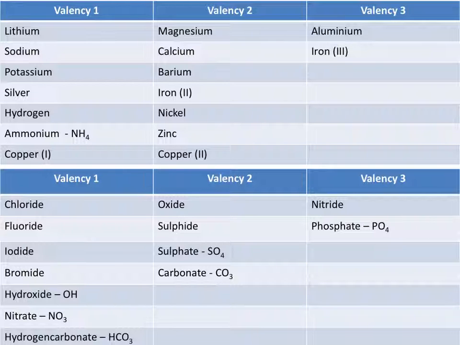And you can see we're talking about them having different valencies. I'm not going to explain to you what a valency is at this point. All I'm going to say is you use the numbers that we assign to the substances to help you write the formula. So I'm afraid I'm not going to tell you what valency really means. I'm just going to tell you how to use it.